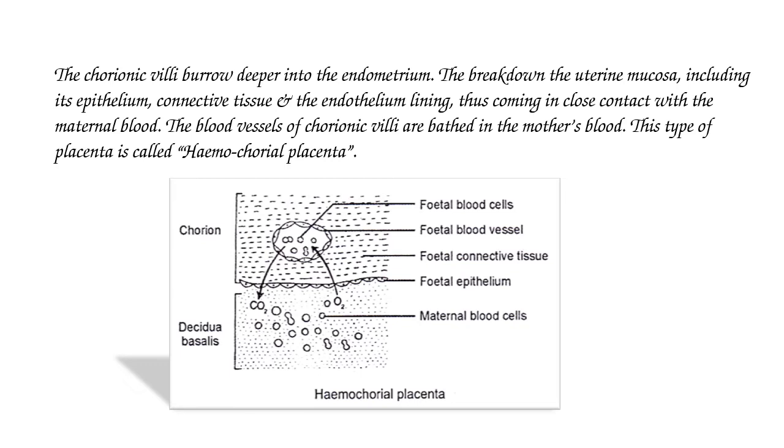So let's see the diagram. The chorionic villi move deeper into the endometrium, that is the inner wall of the uterus. When it moves deeper, it breaks down the uterine mucosa, including its epithelium, that means the tissue covering, and connective tissue, and the endothelial lining.